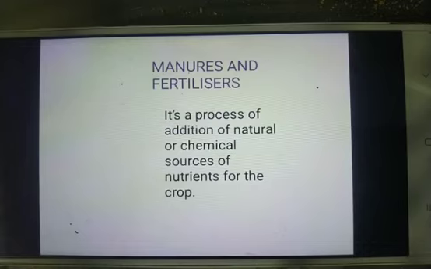So the farmer adds manures and fertilizers to it. Manure and fertilizers aid the fertility of soil. Manure is a natural process, we can say an organic process, whereas fertilizers are inorganic, artificial, or made in the laboratory.